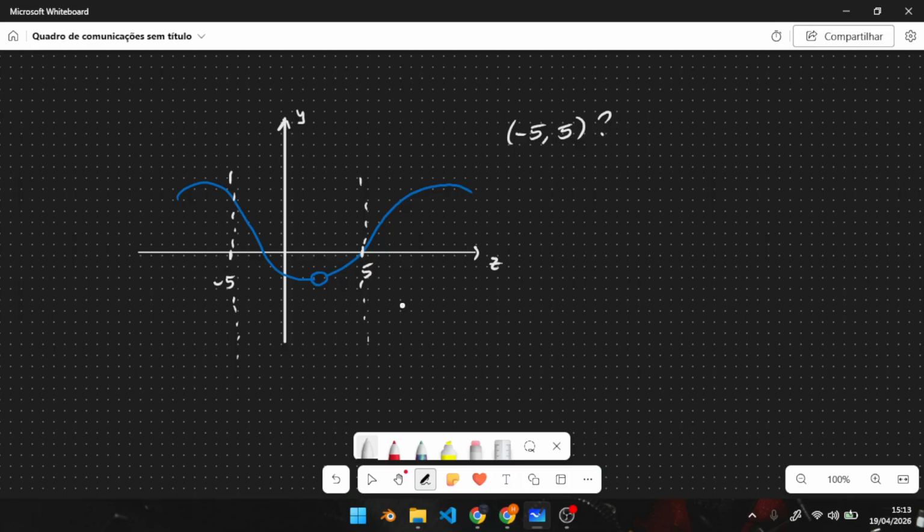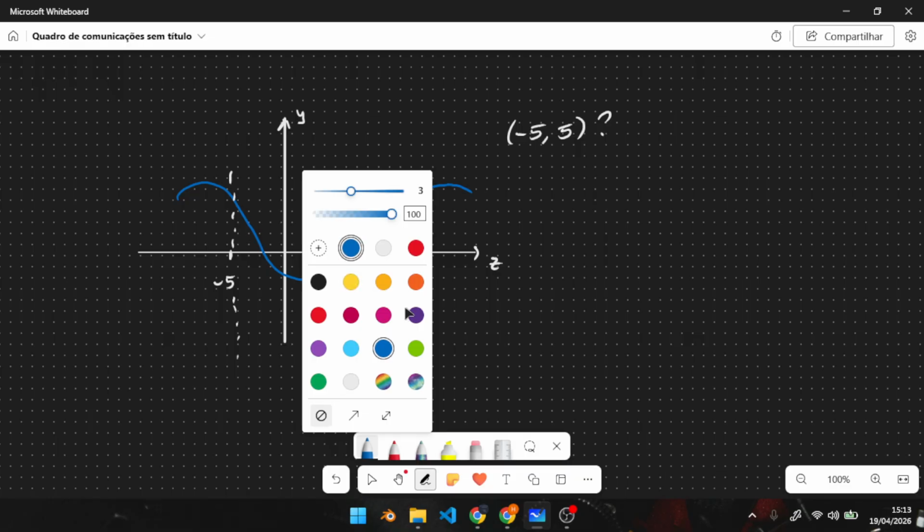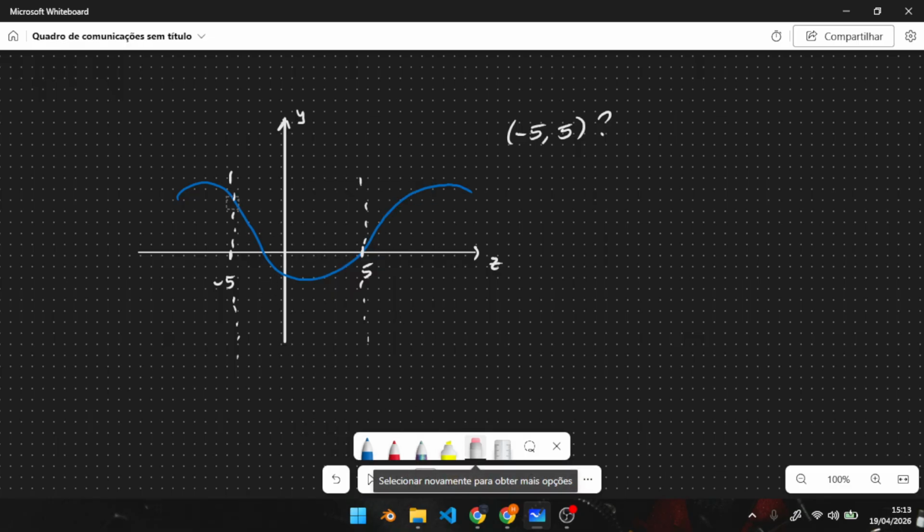And as Khan Academy likes to say, I can't draw the function without taking my pen off the paper. Okay, that is also correct. Another pretty easy example. Now, if I have a hole right here, okay, the function is not defined over there.